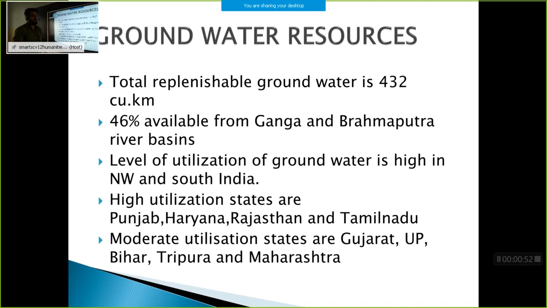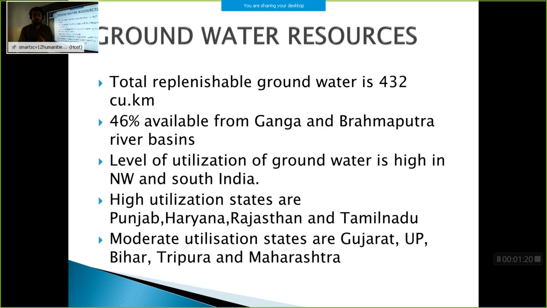So we were discussing water resources. There are 3 different types of water resources: surface water resource, groundwater resource, and lagoons and backwaters. Before that, we discussed the total amount of water available on earth.